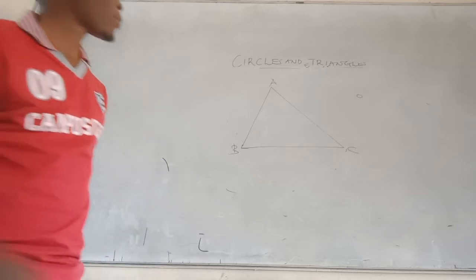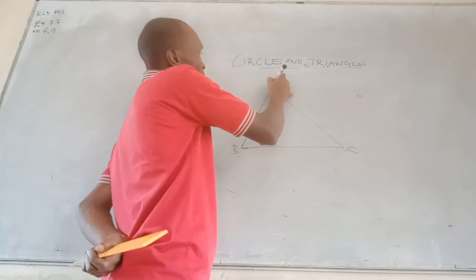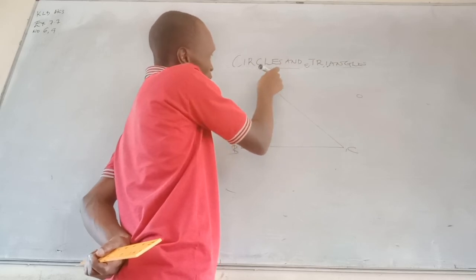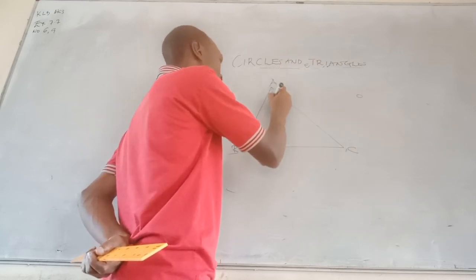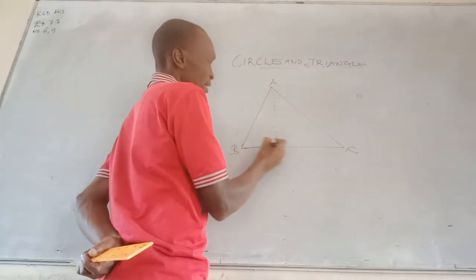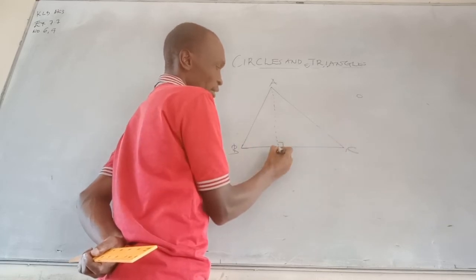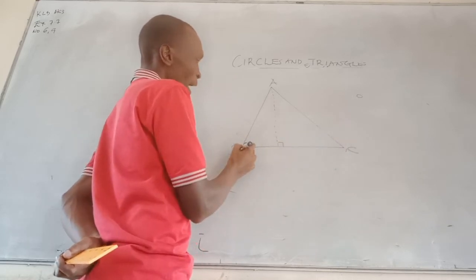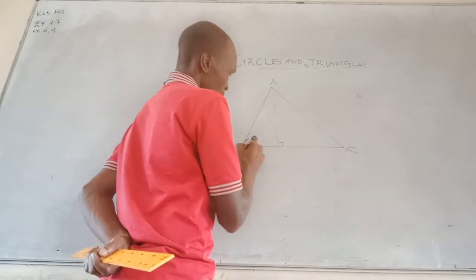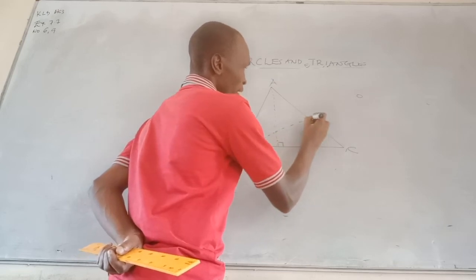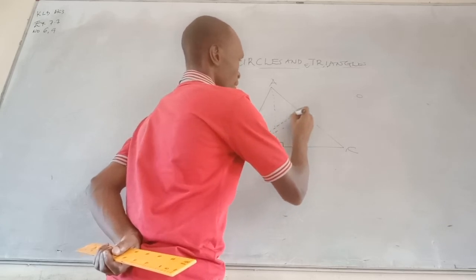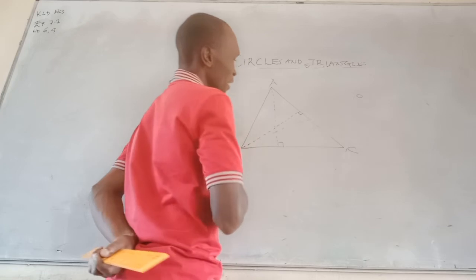You are supposed to drop a perpendicular from each of the vertices. Like now A, I drop a perpendicular, we call it an altitude. It will meet BC at 90 degrees. Then I also drop another perpendicular from B to meet AC at 90 degrees.